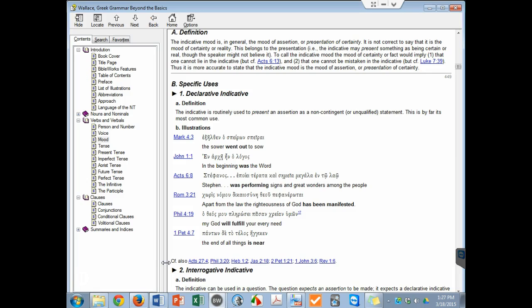Some things are unique. So the use of the future indicative for an imperative, well, that's actually because in the Old Testament, the future form is used in the Ten Commandments. You shall have no other gods before me. And that's how the Hebrews communicated the negative imperative, lo plus the imperfect.